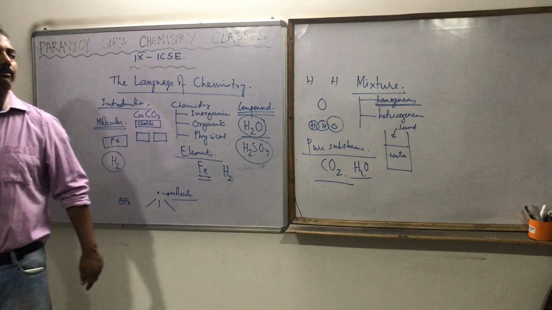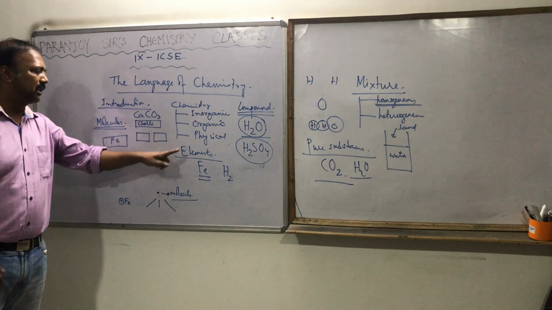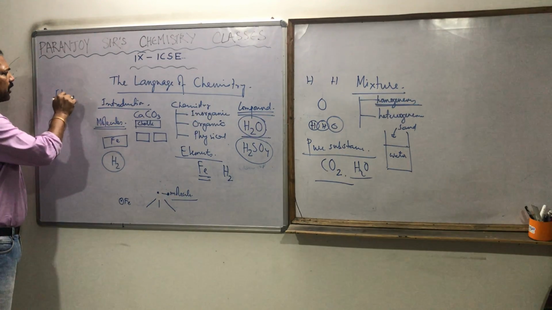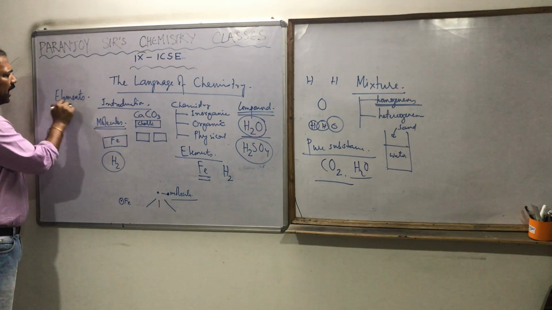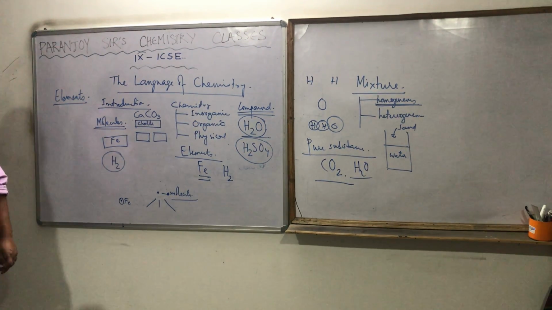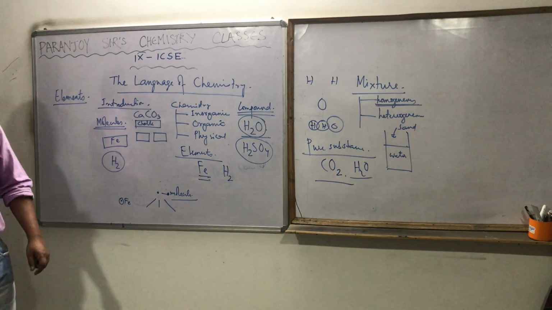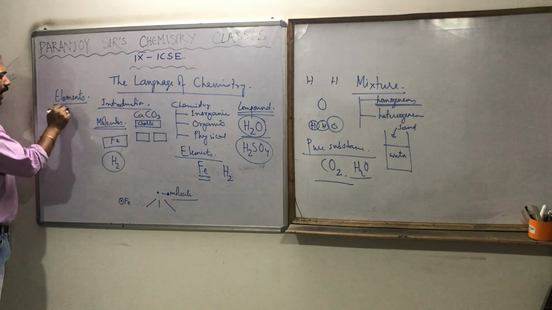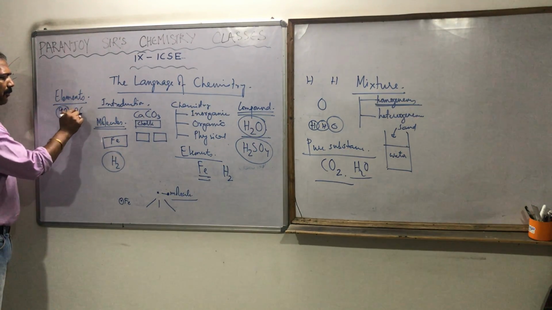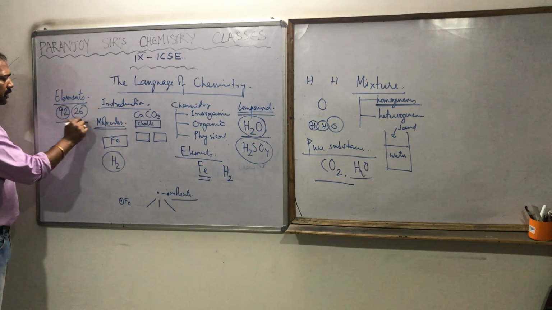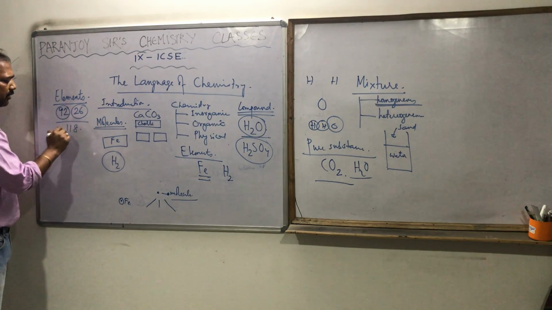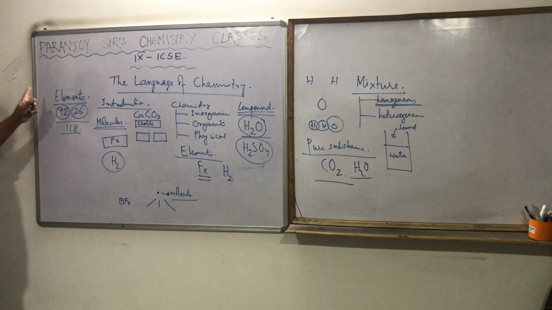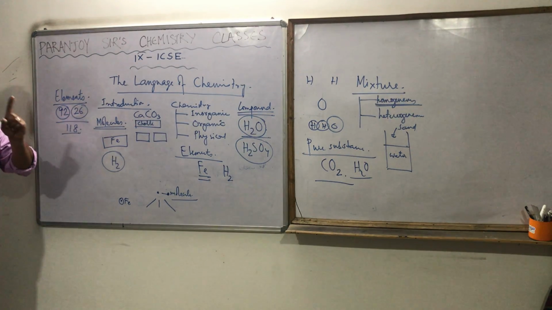Okay, I will come back to elements once again, because that's the basic thing you must know. Elements are the substances which are found in nature. 92 of them are found in nature and 26 of them are man-made. There are a total of 118 elements. These are made up of one type of atom.